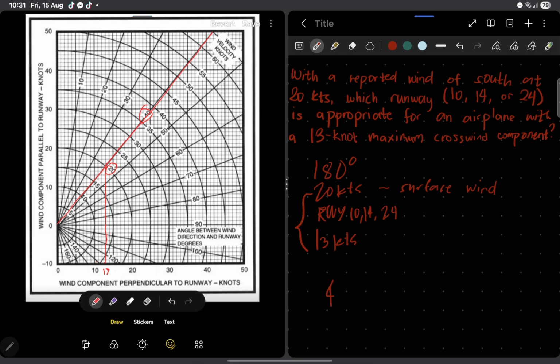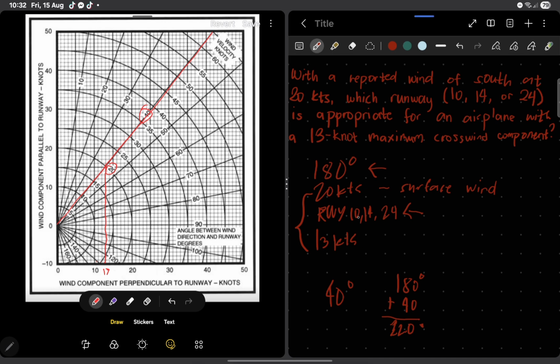So now we have determined that we have 40 degrees of difference between the angle of our runway and our wind direction. Let's take a look at our degrees, which is this 180 degrees, and now subtract or add 40 to see if we have it in our runway. If we add 40 to 180, we have 220 degrees. Let's take a look at our runway options.